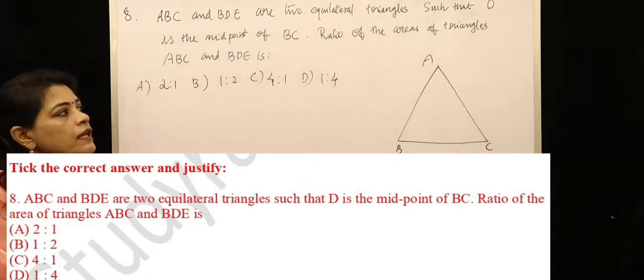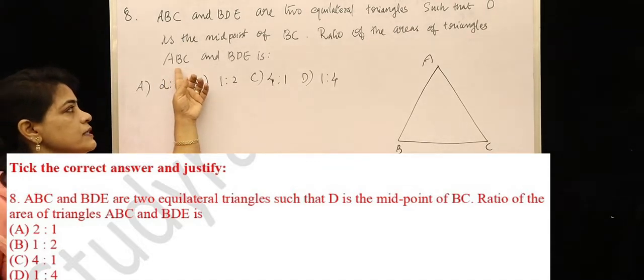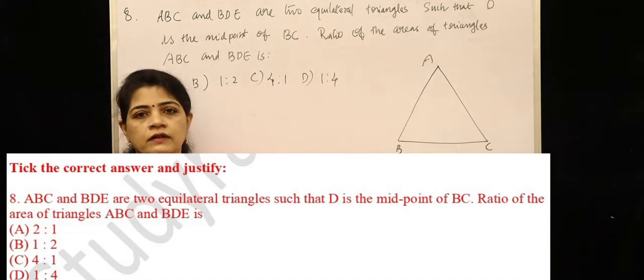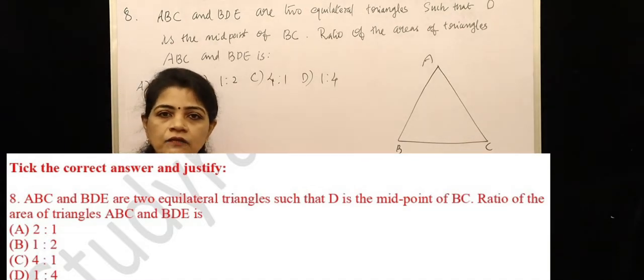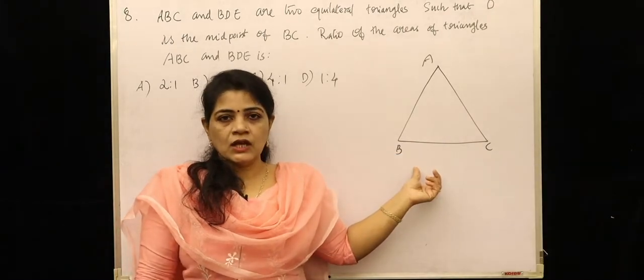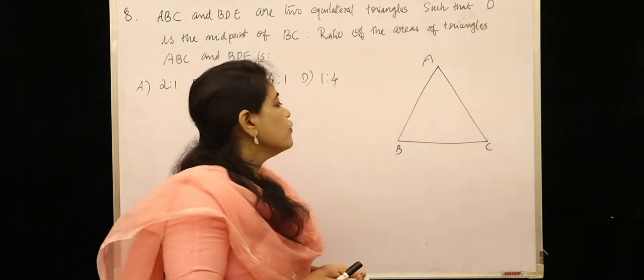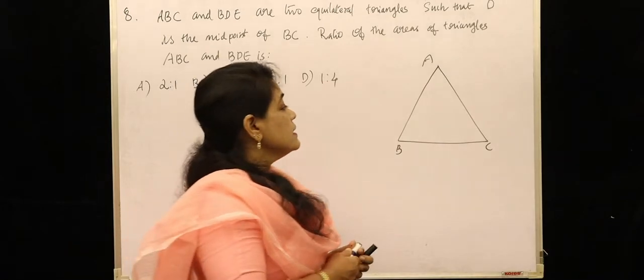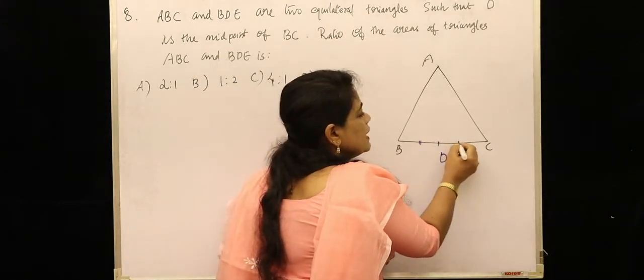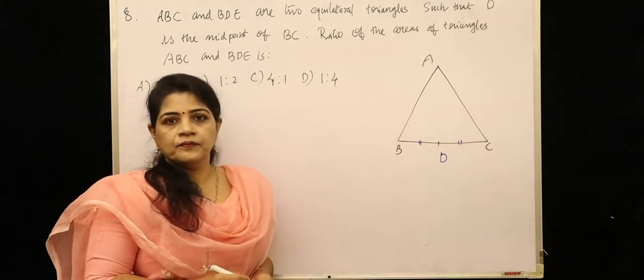The ratio of areas of triangles ABC and BDE is, options are given. So here we have an equilateral triangle ABC with D the midpoint of BC, that means BD equals DC.